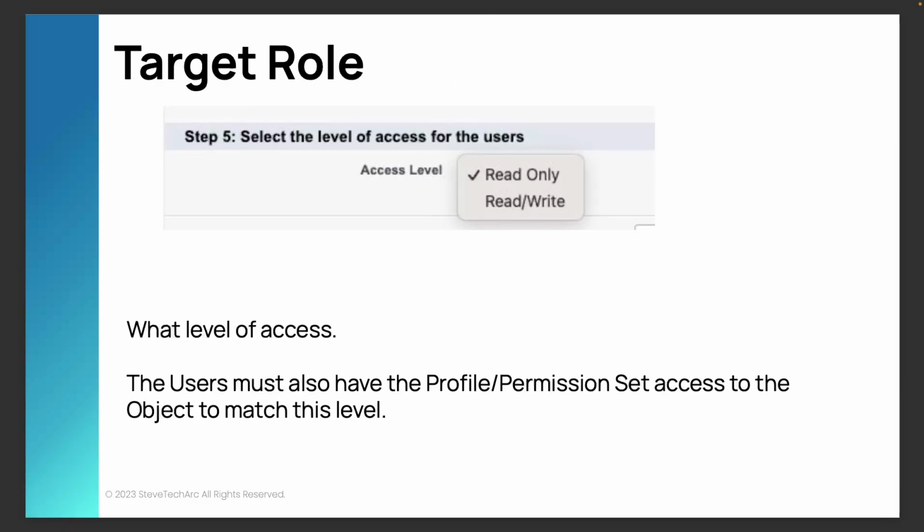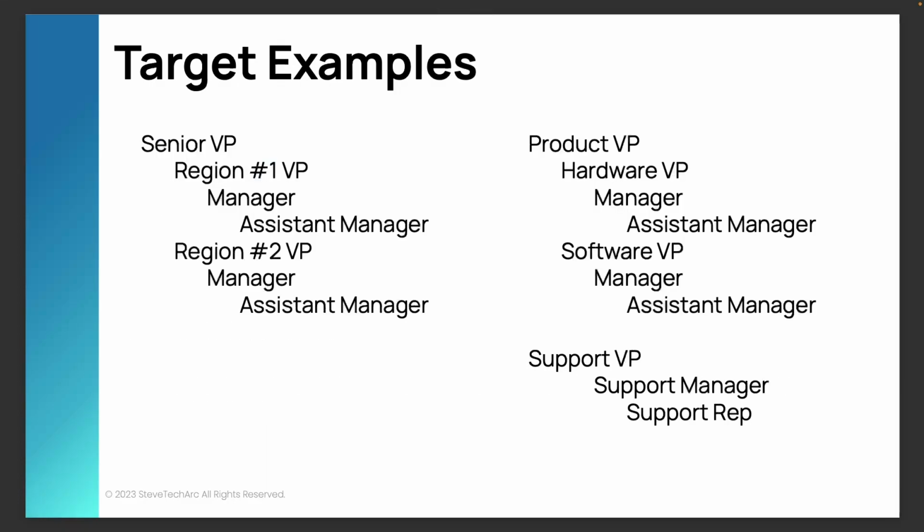So when you target access, okay, here are some examples. If you have a particular record and you want to share with a regional vice president number 2, you could make them the target of your share right here. Now, if you wanted only them to have access, then you would designate that target as the regional vice president.